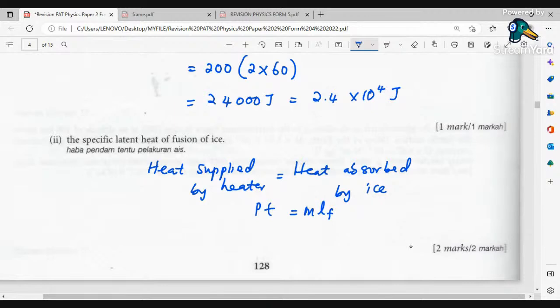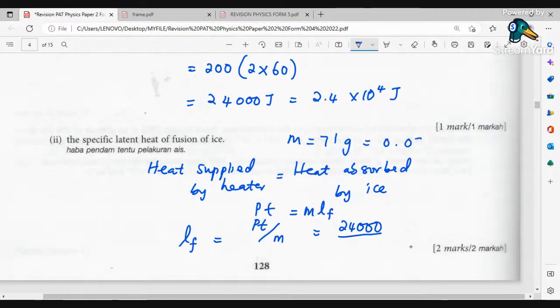Okay, you want to find what is latent heat of fusion, LF equals to PT divided by M. Okay, PT already calculated here, 24,000 divided by mass in kilogram, M 71 gram. Convert to kilogram, so 0.071 kg. Okay, so we get the answer equals to 3.38 10 power 5 joule kg negative 1.